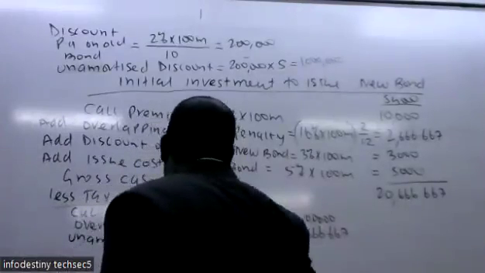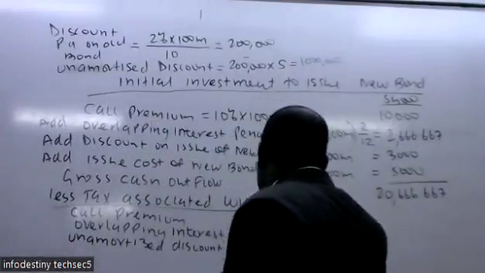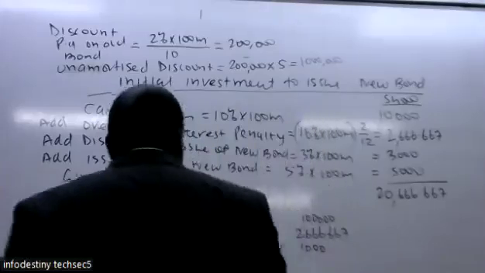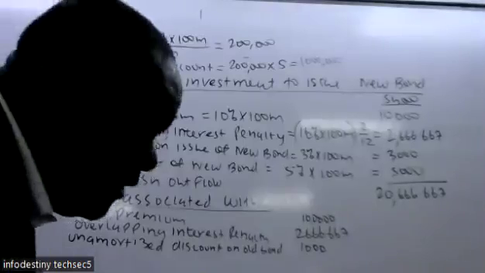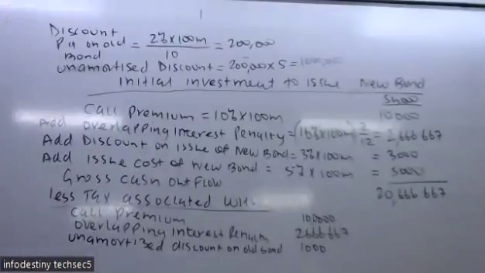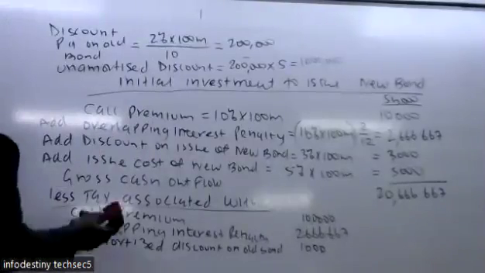That figure is 1 million. Then, apart from the discount per annum on the old bond, the other item should be the issue cost per annum also on the old bond.